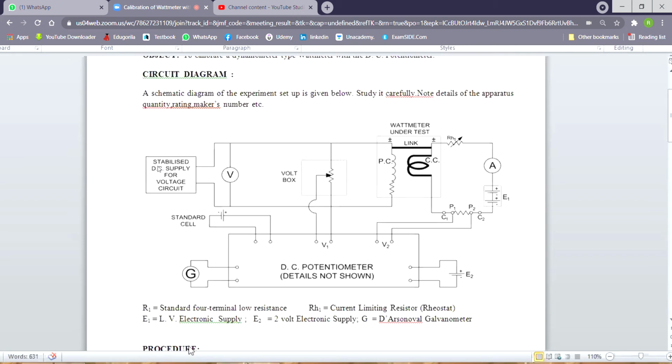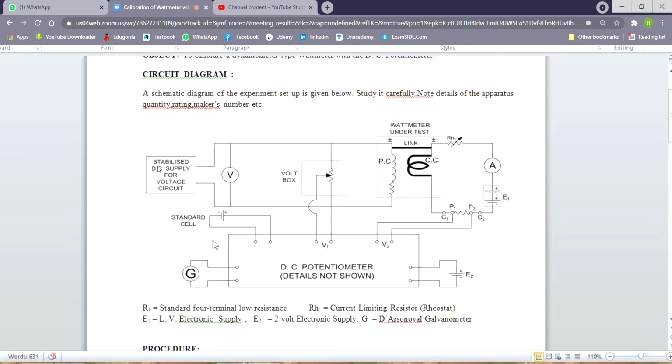For that particular case, there is a third input. Apart from V1 and V2, there is a third input. At that input, there is a standard cell. The standard cell generates precisely and accurately a particular voltage only.